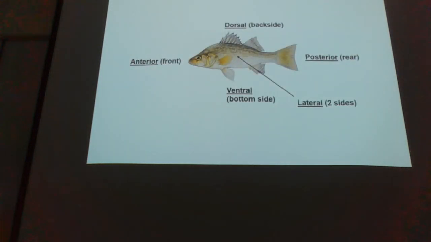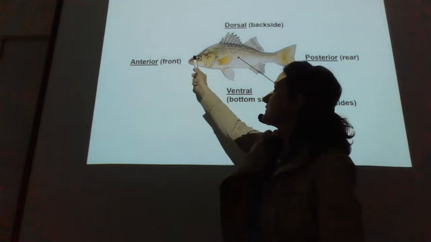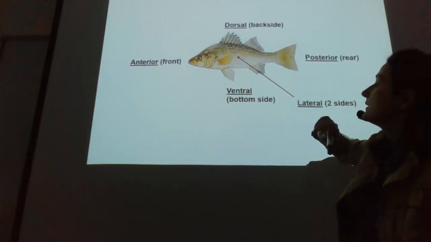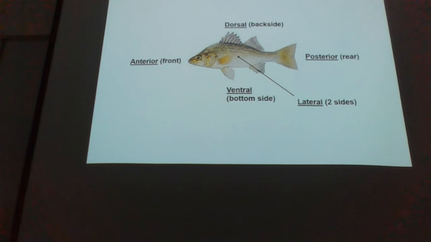The other thing we have to familiarize ourselves with is the views of an animal. Dorsal, ventral, anterior, where the front of the head is, and posterior, where the tail is. Okay? I don't have a tail. What's my posterior? I'm not gonna touch it, but the rear.